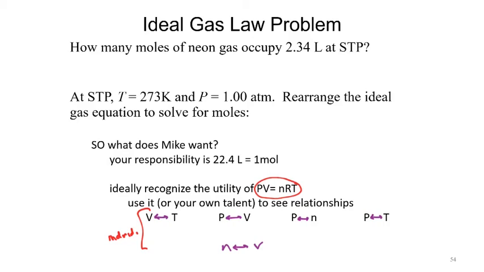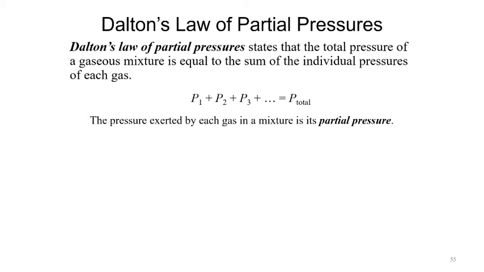Hopefully we'll let that sink in, and we'll move on to our next, I think, 2 slides. Dalton's law of partial pressures. Okay, a lot of this kind of stems from ideal gas. Really, all Dalton's law says is that if you want to find out the total gas pressure in an individual container, figure out the pressures of each of the individual gases. When you add all of them up, that's the total pressure. Okay?